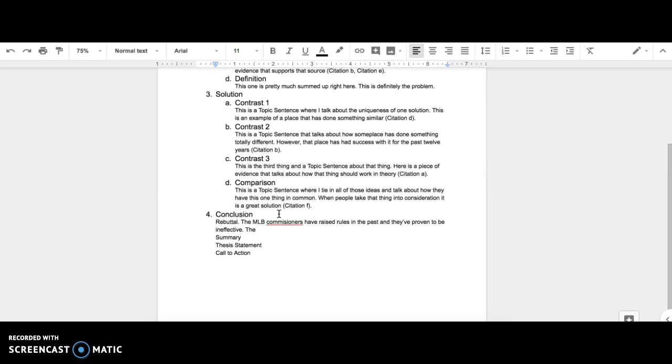We'll go ahead and make up a rule here. The no bunting rule was unpopular with fans and did nothing to increase the pace of play.